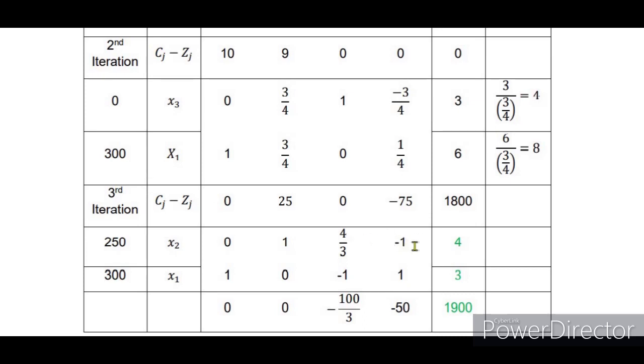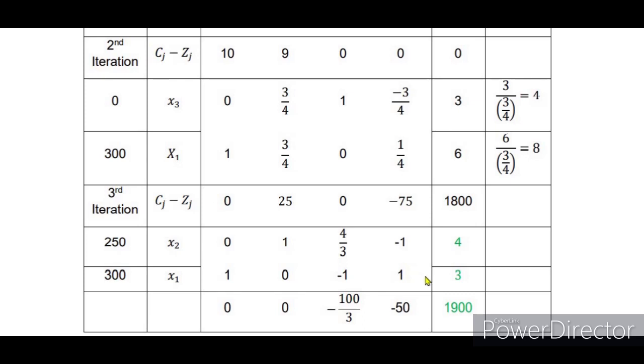So, we will just subtract negative 3/4 from the previous element, which is 1/4. So 1/4 minus negative 3/4, it will become positive. So 1/4 plus 3/4 is equal to 4/4, which is equal to 1.